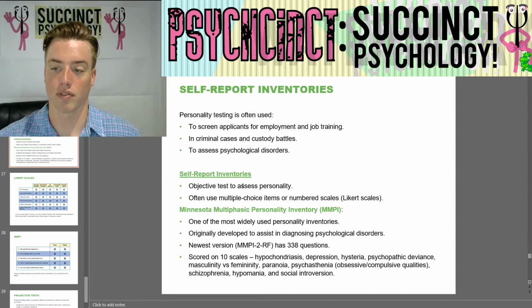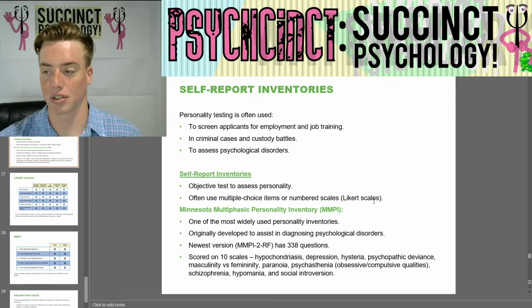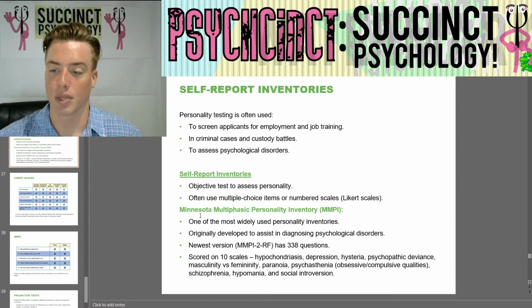Now, self-report inventories is an objective test to assess personality. They often use multiple choice items or numbered scales, like Likert scales. Now, the Minnesota Multiphasic Personality Inventory, or the MMPI, I've actually taken that before, it's very long, is one of the most widely used personality inventories, originally developed to assist in diagnosing psychological disorders.